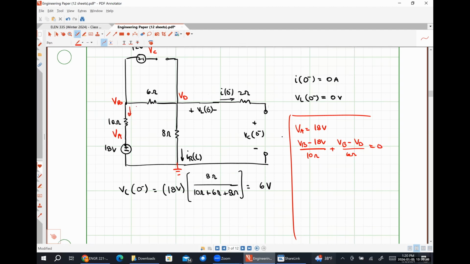So that's this current plus this current, because we know that no current's flowing up, so we don't need to include that path. KCL at D, we're going to get VD minus VB over 6 ohms plus VD over 8 ohms is equal to 0. Solve this system, and we should find that VD is 6 volts like we got earlier.